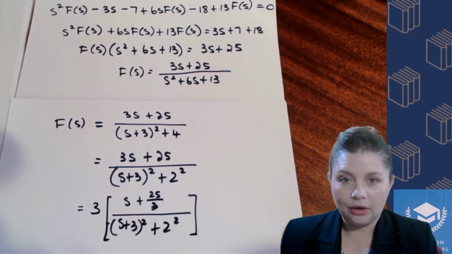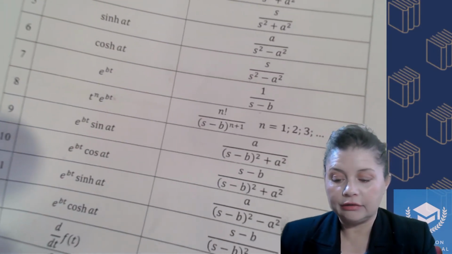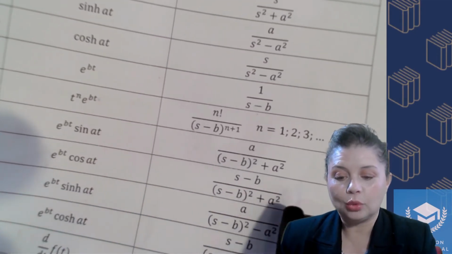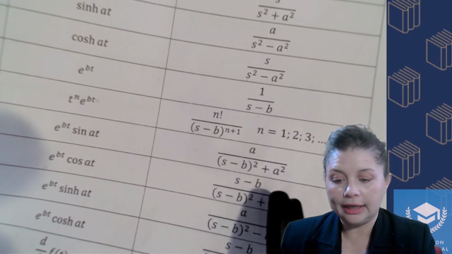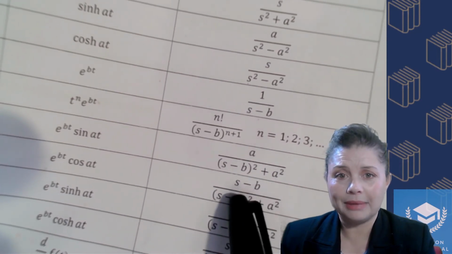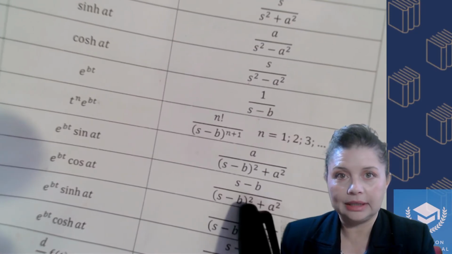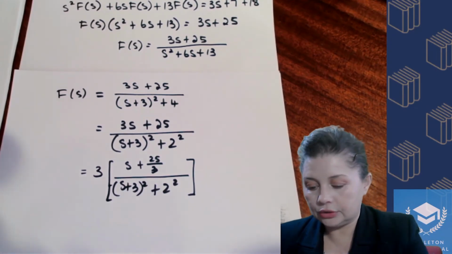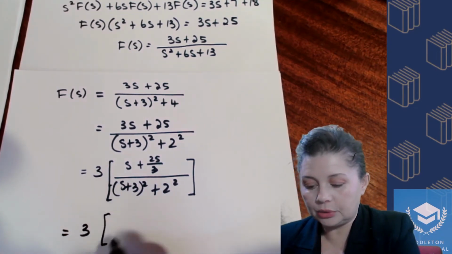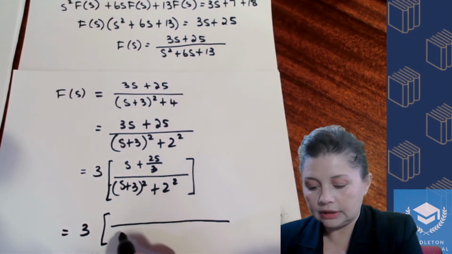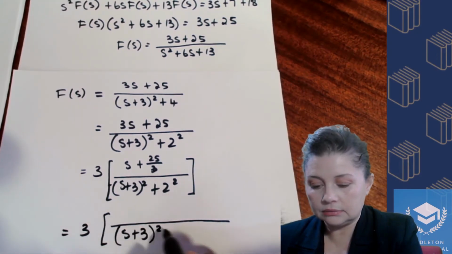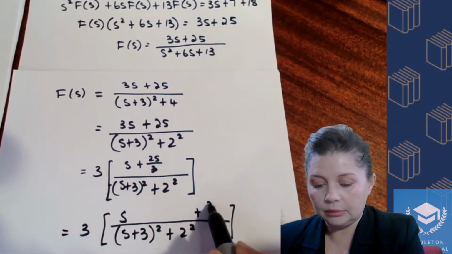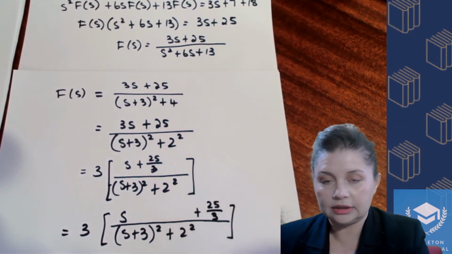Okay, so now we are sitting with a form which is the same as this one here. But what you need to have is the second term has to match what's in that bracket in the denominator. So if I look at what I've got here, I'm just going to write this out. Let's spread it out a bit. Write this denominator. Right, I'm going to leave the s there, and I'm going to put this all the way on the side.